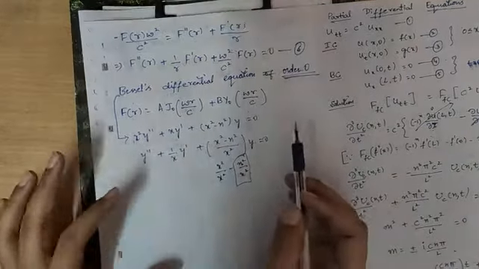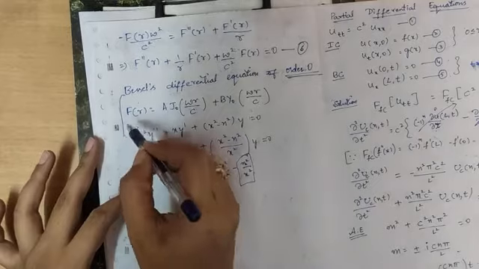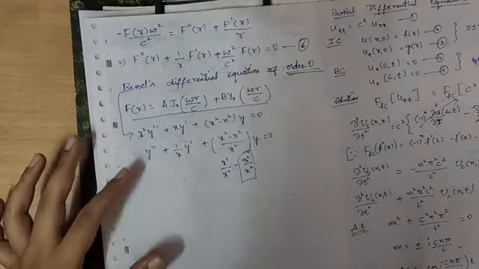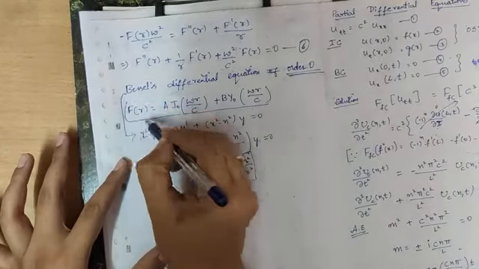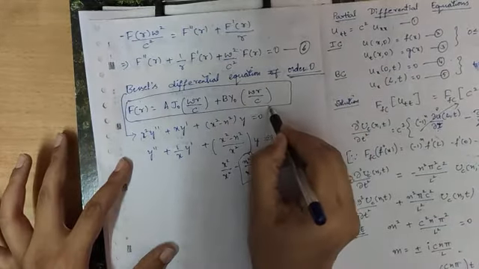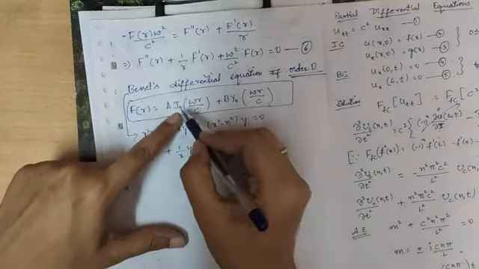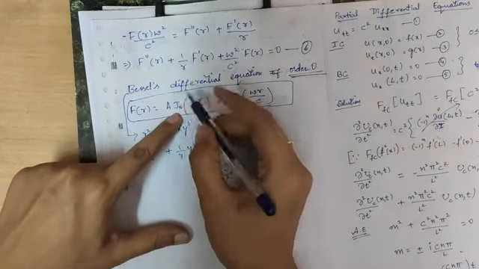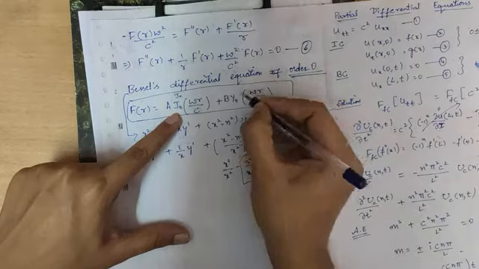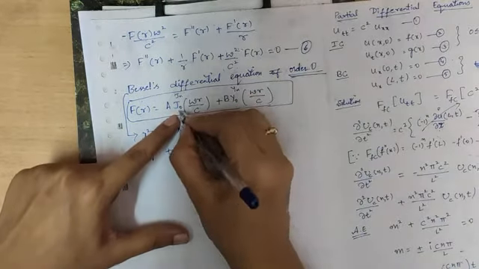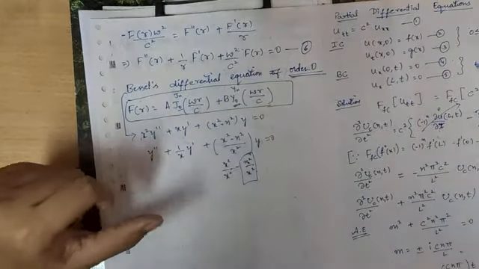Now, if you solve this equation, you will get this solution. In general, I have written the solution here. We actually write J n in the place of J naught and Y n in the place of Y naught. Since order is 0, I have written J naught and Y naught.